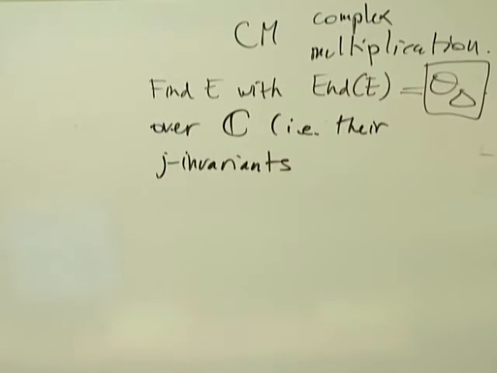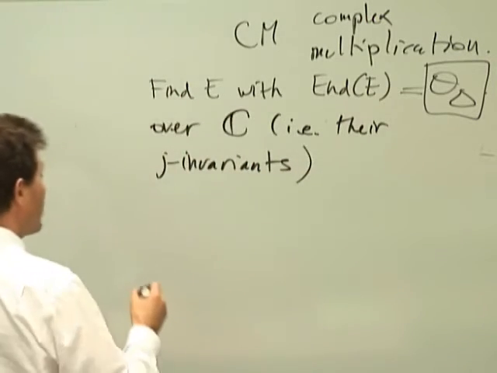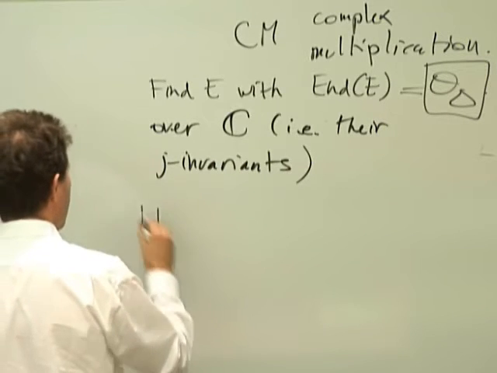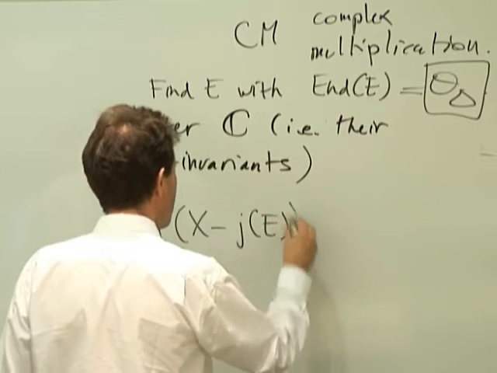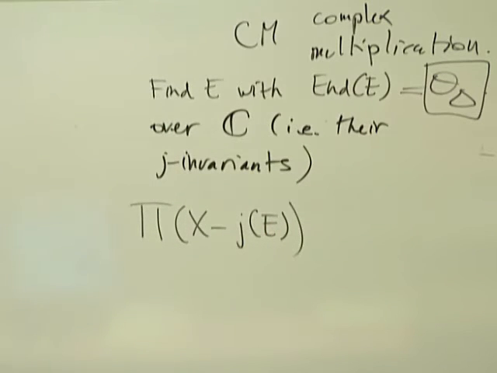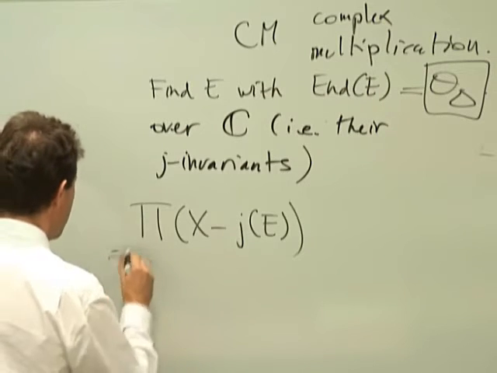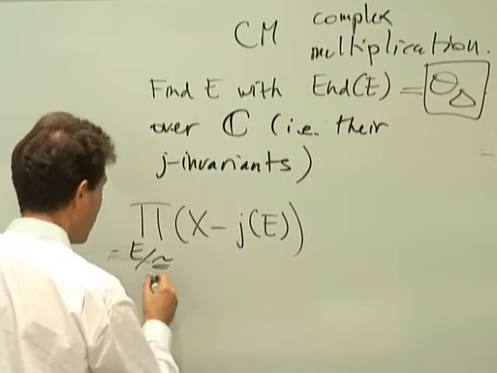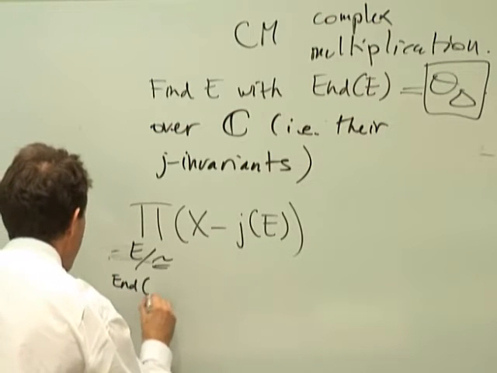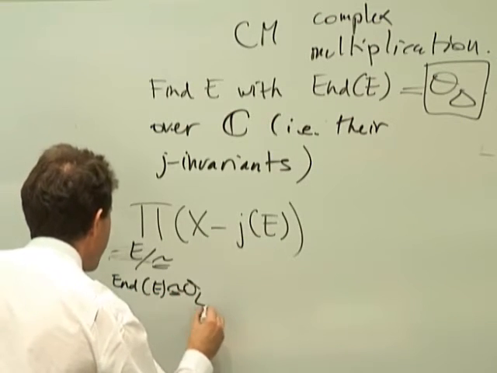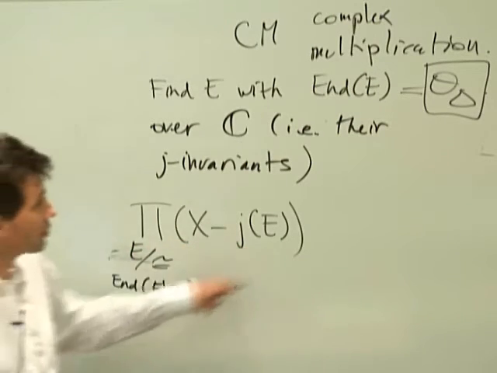These are complex numbers, but in fact they're algebraic, since it turns out that if you take the polynomial which has all these J invariants of elliptic curves as its roots, all J invariants of elliptic curves E up to isomorphism, complex analytic isomorphism, for which the endomorphism ring is isomorphic to O delta, then you get only finitely many isomorphism classes corresponding to the class group here.